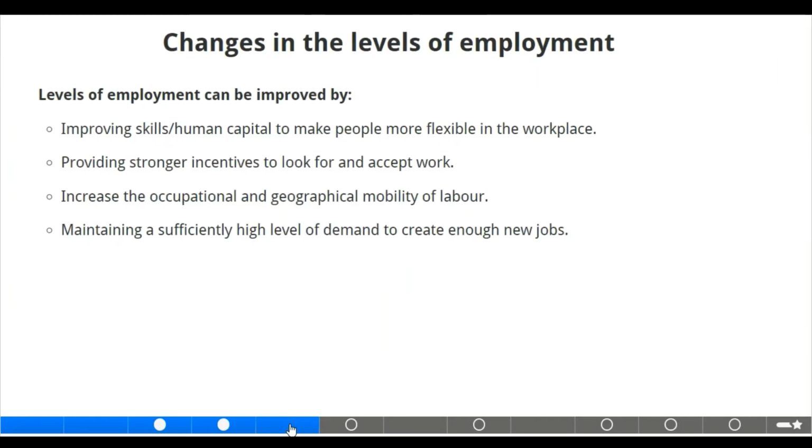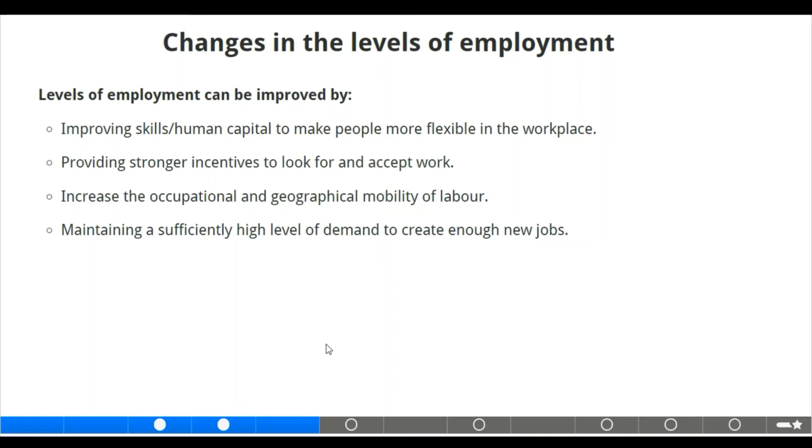Moving to the next slide, we also have the changes in the level of employment. As we have the changes in the pattern of employment, we also have what can change the level of employment here. Point one, we have improving the skills of human capital to make people more flexible in the workplace.